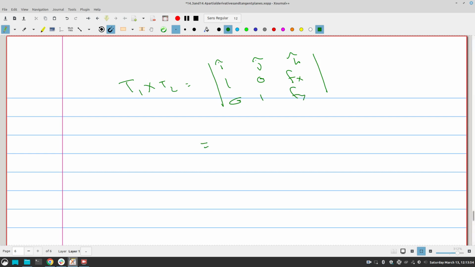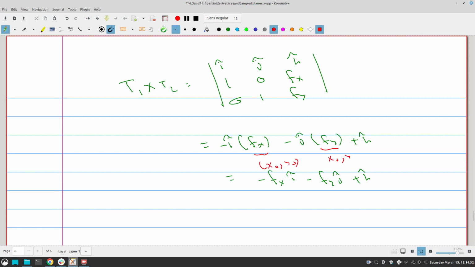You end up with i times negative fx, minus j times fy, plus k hat. So we got negative fx i hat, negative fy j hat, plus k hat. Remember that all of these derivatives are being evaluated at x naught, y naught. So this is perpendicular to the plane.